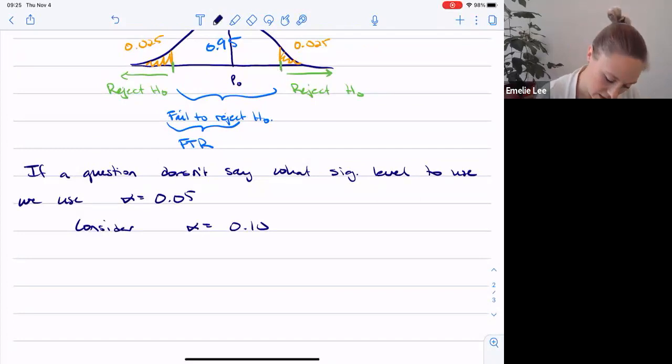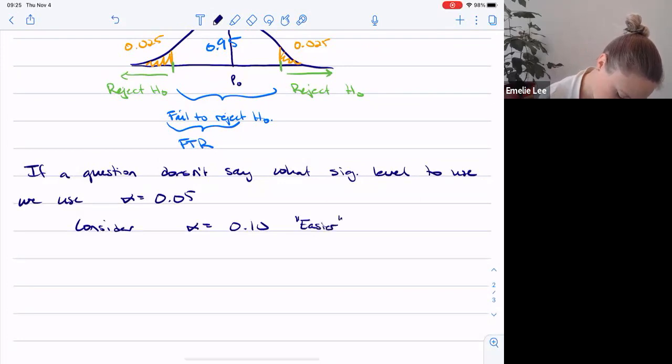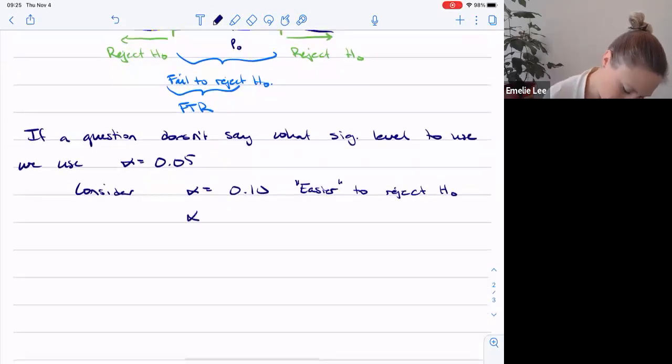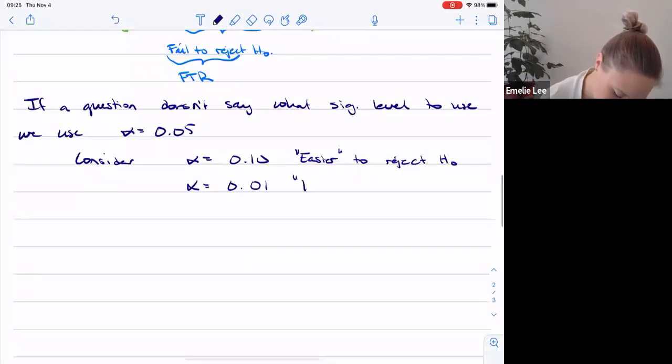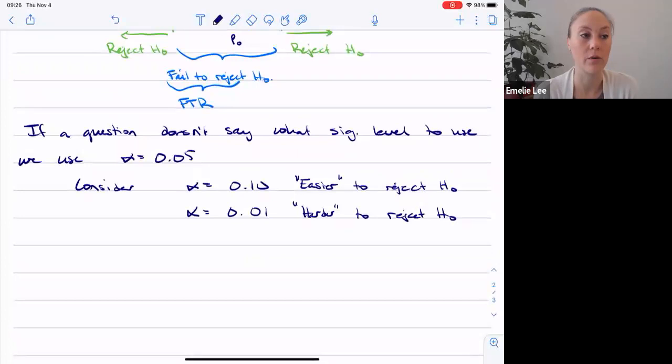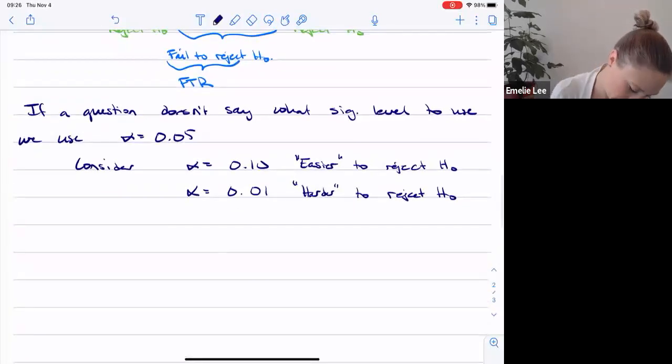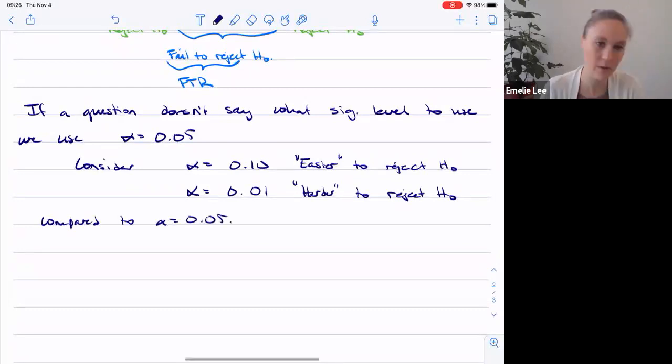And so it makes it easier to reject H naught. Or alpha equals 0.01 makes it harder to reject H naught compared to alpha equals 0.05, of course. Okay, so that's just something to keep in mind.